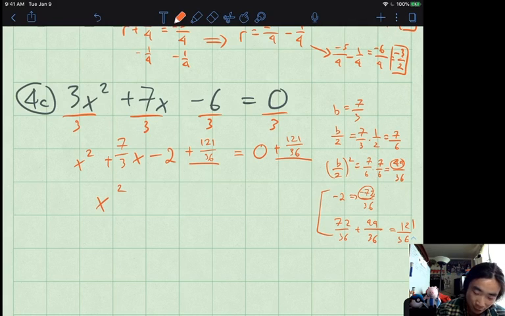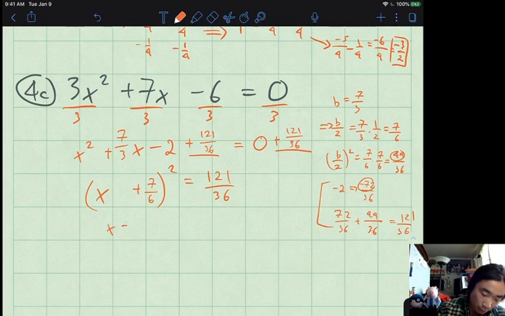This thing, we know what it should be. It's over here, 7 over 6 squared, equals 121 over 36. Take the square root of both sides. I'll write out the steps this time.